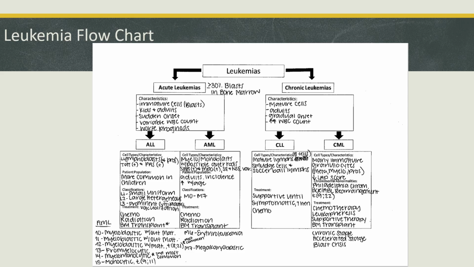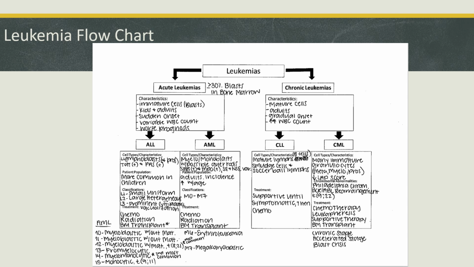We are going to have ALL in terms of our acute lymphocytic line, and then our AML is going to be associated with our acute myelocytic or myelogenous line. Now, both of these categories are further categorized and broken down into classifications. They are not the same though.